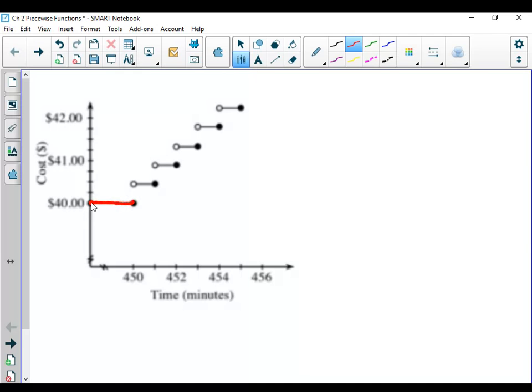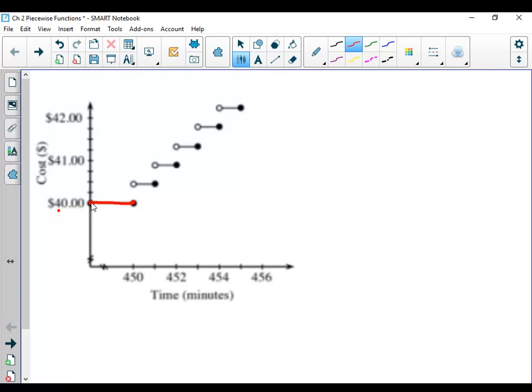If I asked you for the equation of just that red piece, what would it be? Anytime we have a horizontal line, that means we have a constant value, and in this case, that constant value was $40.